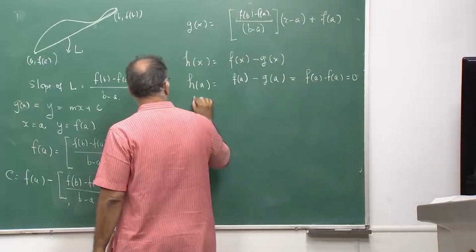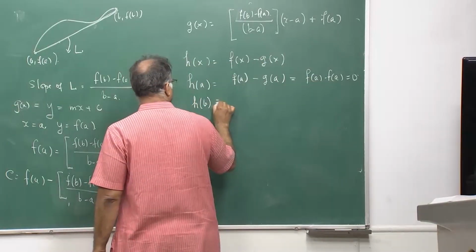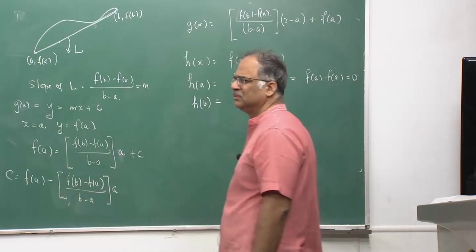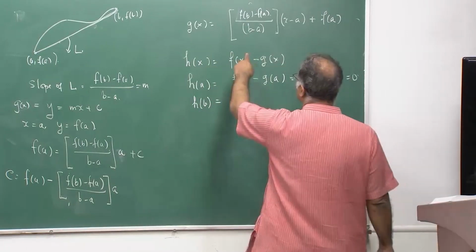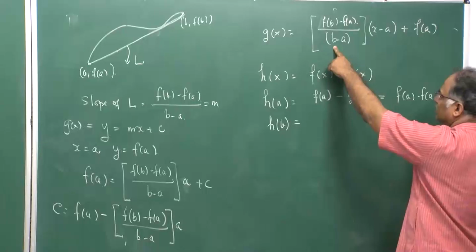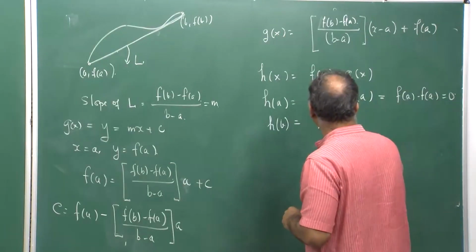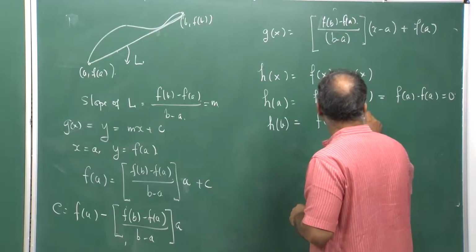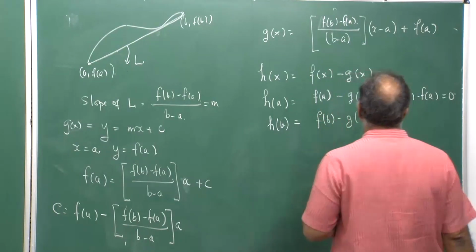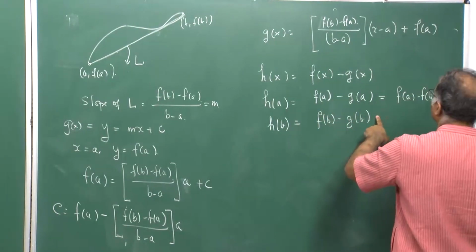Now, what is h(b)? It is f(b) minus g(b).